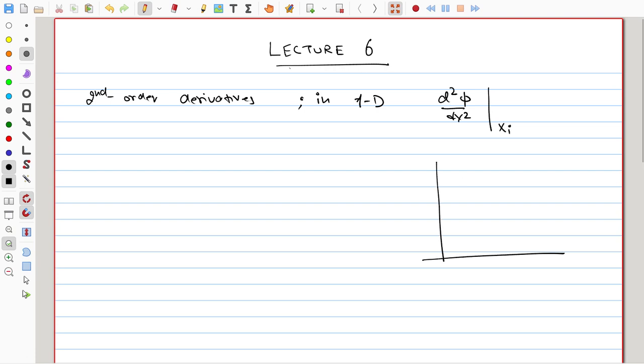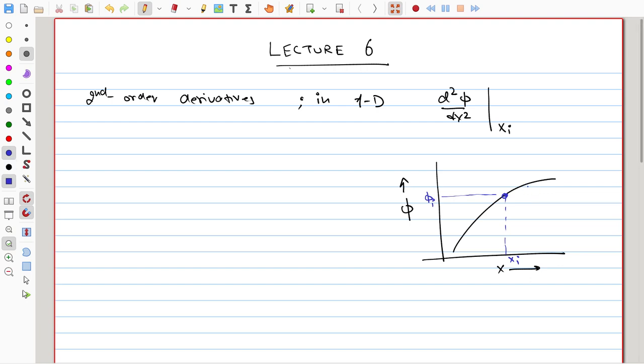Again, the same kind of graph that we have been drawing. So this is your curve. We have xi comma phi i point, and I want to figure out a way to discretize this second order derivative this time.